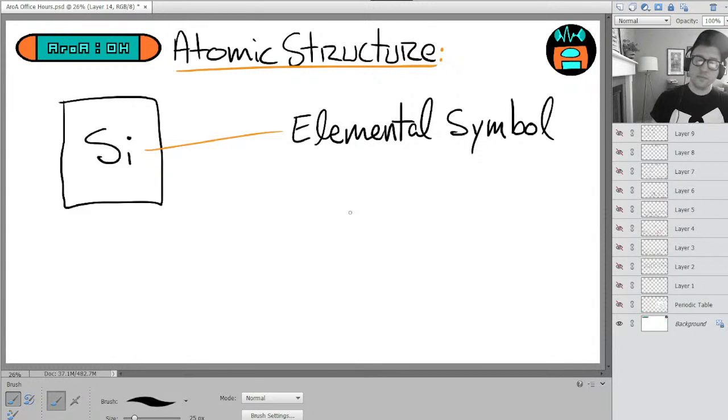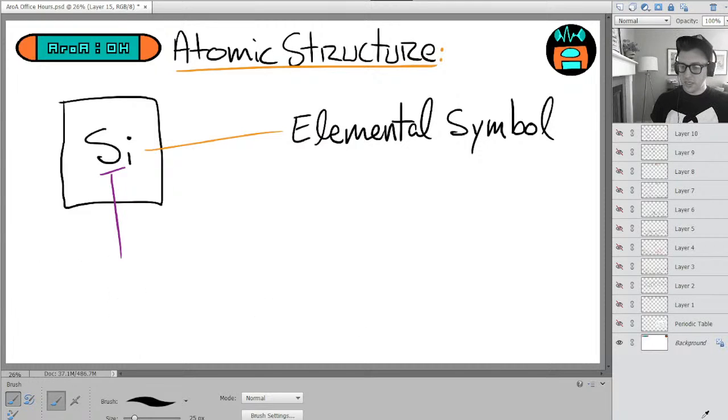Now I have to make a quick little point. Something that I want you to notice in the elemental symbol: if you have two letters in an elemental symbol, the first one is a capital.